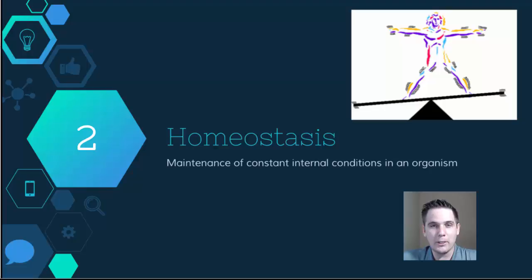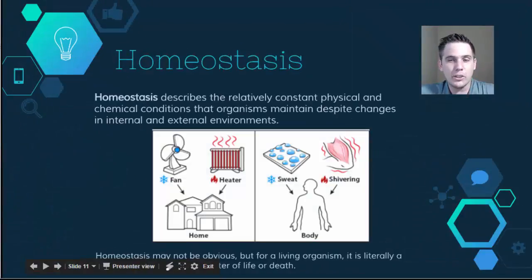And to do that, your body manages something that is known as homeostasis, which is the maintenance of constant internal conditions in an organism. Homeostasis describes the relatively constant physical and chemical conditions that organisms maintain despite changes in internal and external environments. Homeostasis may not be obvious, but for a living organism, it is literally a matter of life or death.